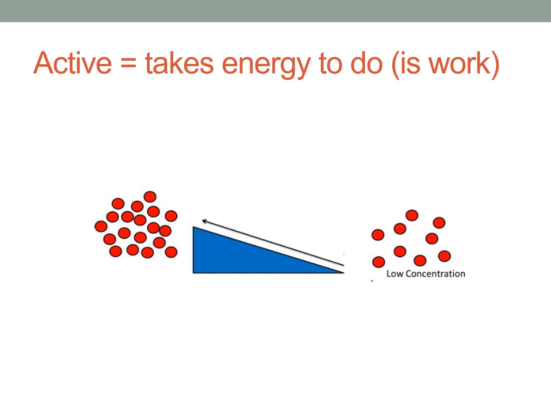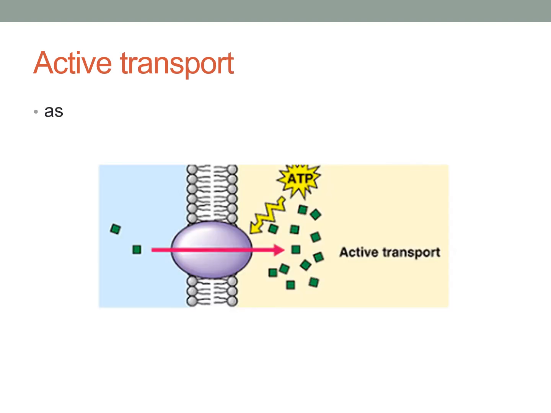So this is called active transport. So say this is the inside of my cell, this is the outside. Well, no, this was the other way. It doesn't matter, right? If I want to move something against its concentration gradient and make it more crowded on one side than the other side, I'm going to need to use energy and do work to make that happen.